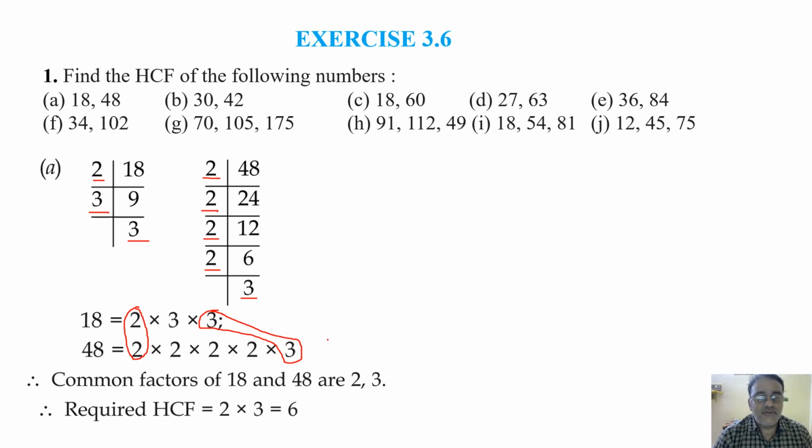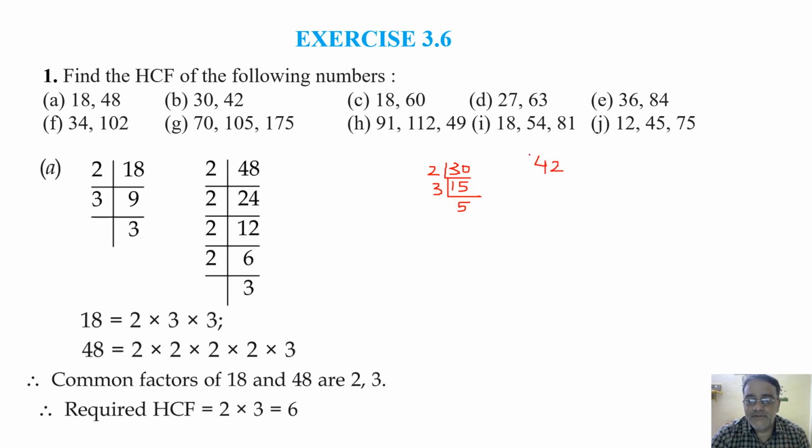Now, sir, we'll move toward the next question, 30 and 42. So we will find the prime factorization of 30: divide by 2 to get 15, again divided by 3, 5. Stop. Next is 42 divided by 2, 21. 21 divided by 3, 7.